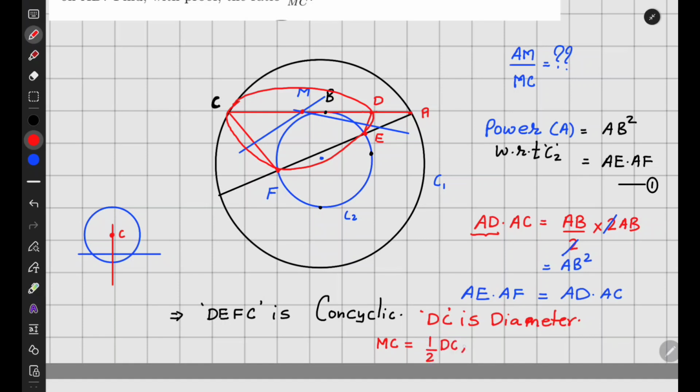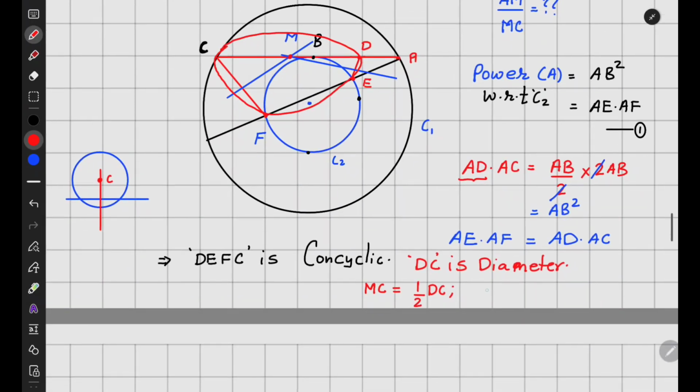And now, what about DC? We know that DC will be equal to BC plus BD, and BD is half of BA.